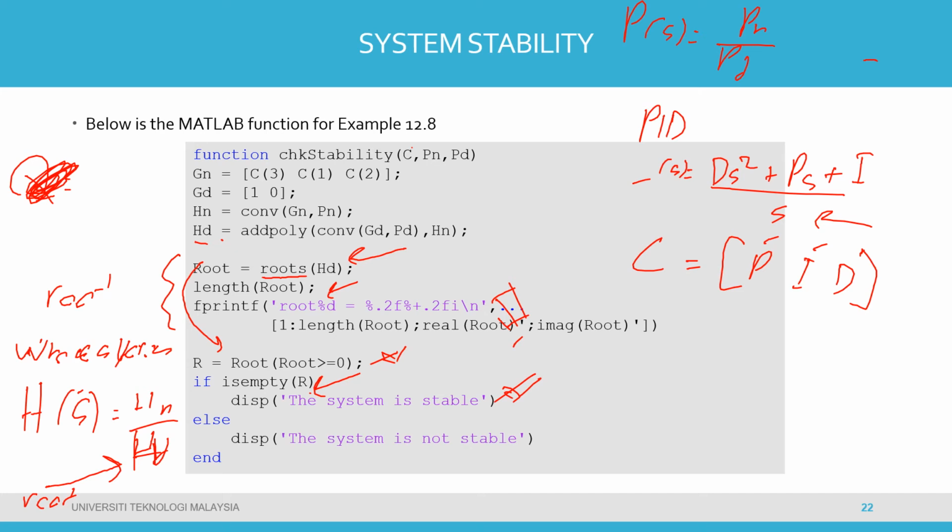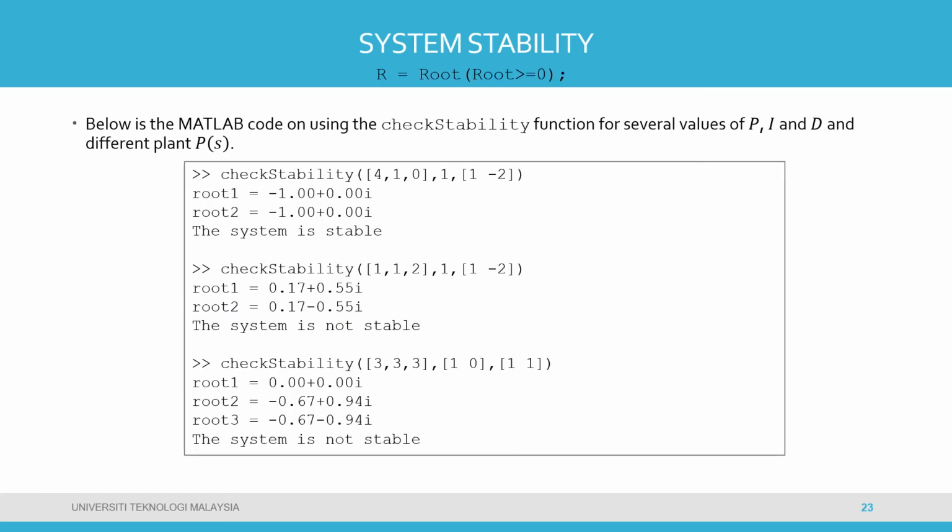And if the root is still not empty, the root is unstable. So that is how you determine whether the system is stable or not. Okay, so let us test this. If you check back the condition, if the root is more than 0, it is unstable, more than or equal to.